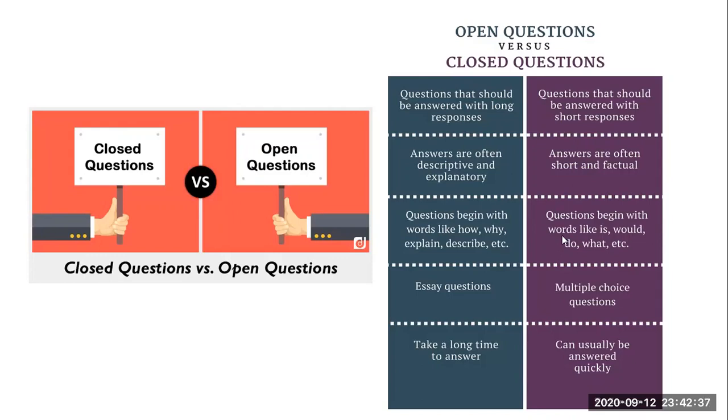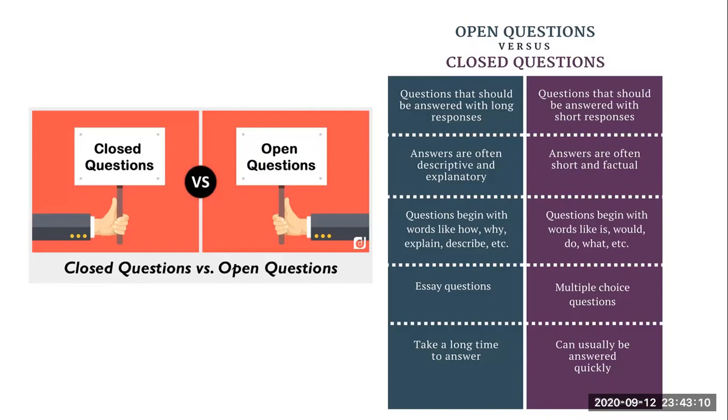Okay, then next. Open questions begin with words like how, why, explain, describe, and any other W question. Who, when, where, etc. And pay attention to this. Usually they begin with W, but for example, how doesn't begin with a W, but it has a W, so it's considered a W question.